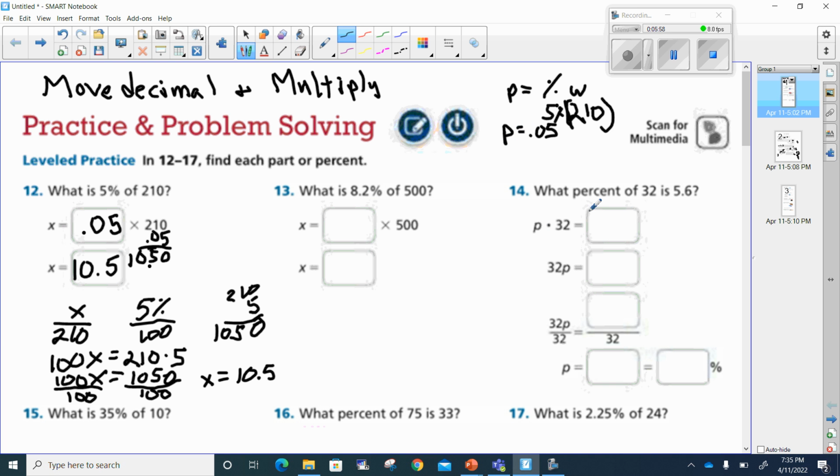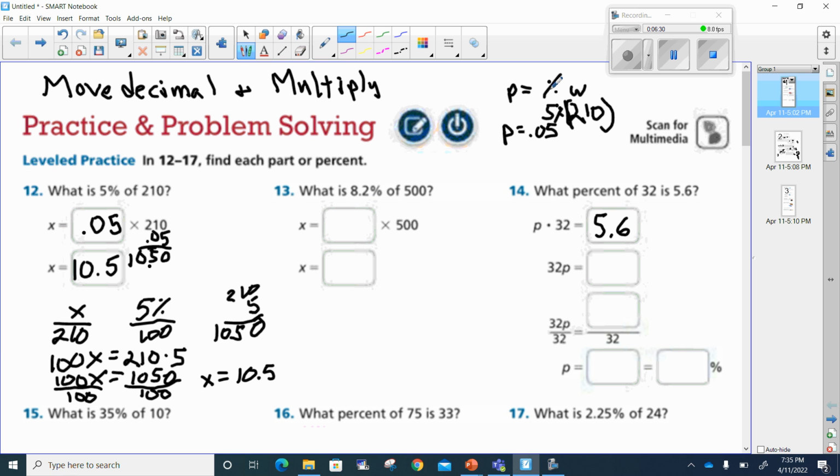So we're doing the same thing here. This time the part is going to get multiplied. Part times 32 equals what? So we're going to be taking this, and it has to equal 5.6. We're doing this because this time we're trying to find the percent.